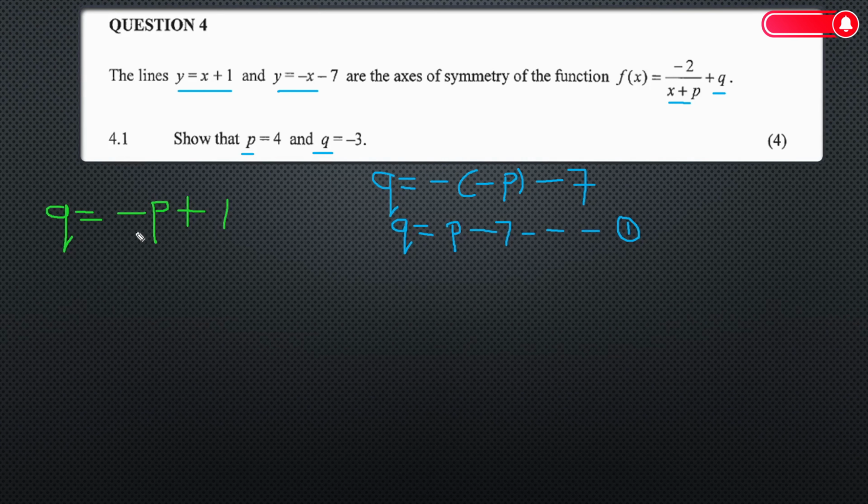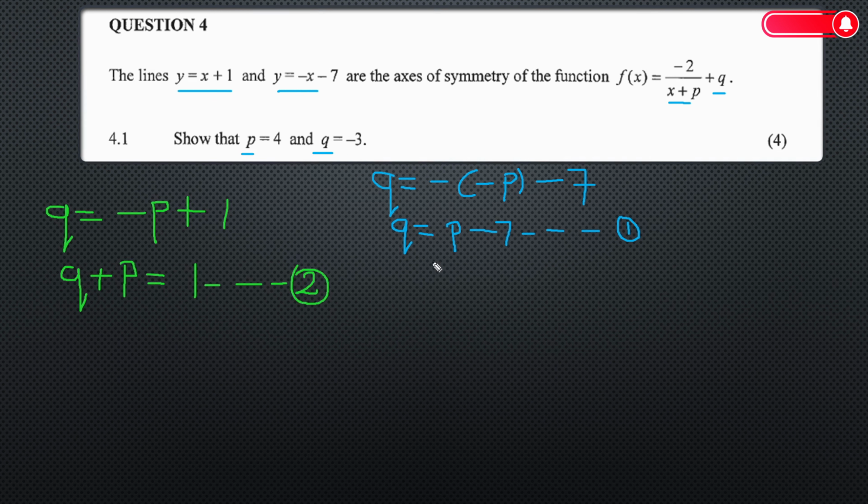And then after that, I'm going to do what? To take p to the other side, and then this will be q plus p, which is equal to 1. So now we can say that we have two equations, and this can be our equation 2, right?